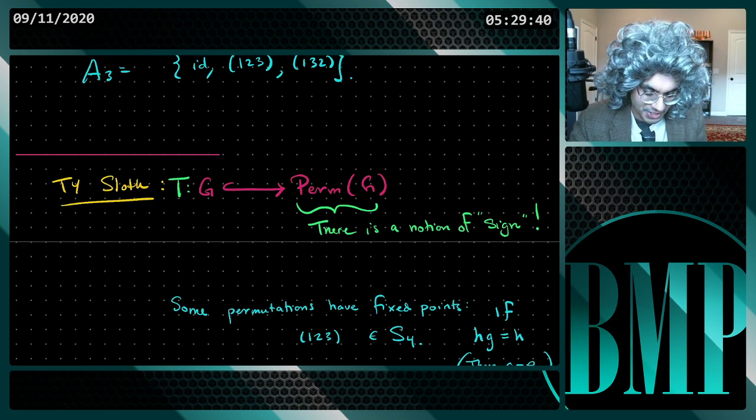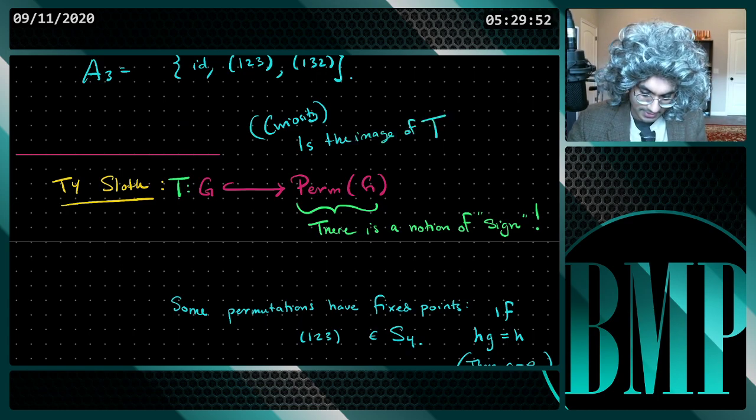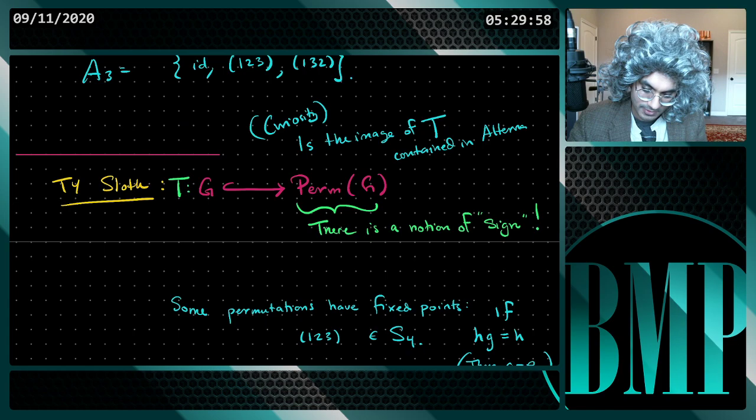Here's a curiosity, I think it's not true: is the image of G contained in the alternating group, the group of even permutations?